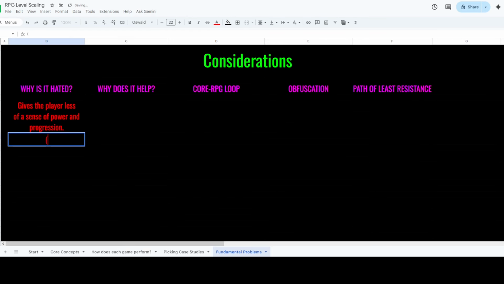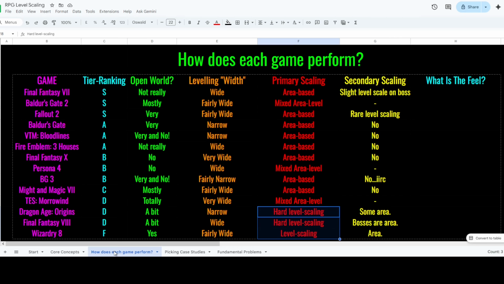Progression. I think this sense, the sense that the level up is meaningless if everything scales, I feel that hard with these two, Dragon Age Origins and Final Fantasy VII.